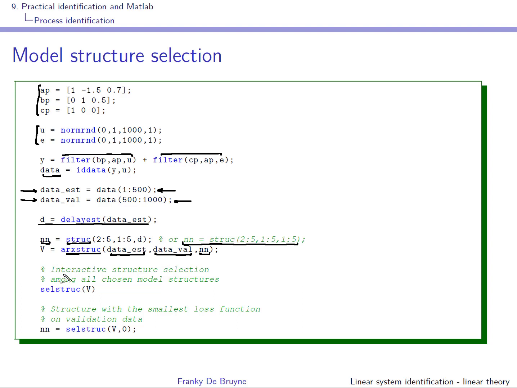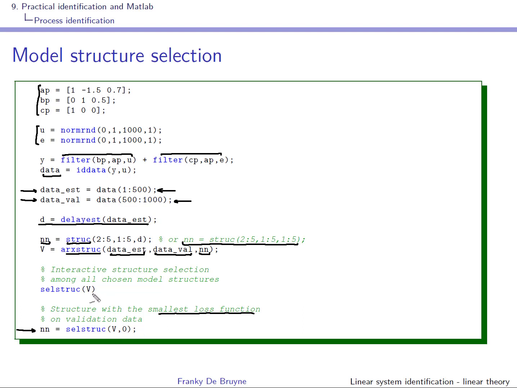Of course, in here there will be identification costs that will be the smallest. Either you can select this automatically and automatically select the structure that has given you the smallest loss function, in which case you do it like this with this 0.